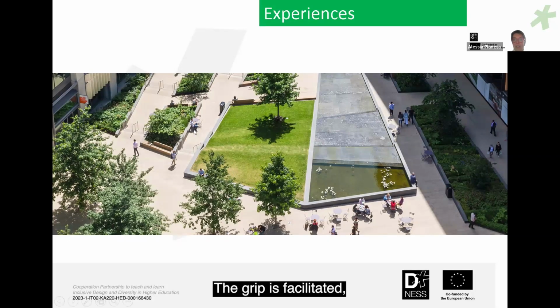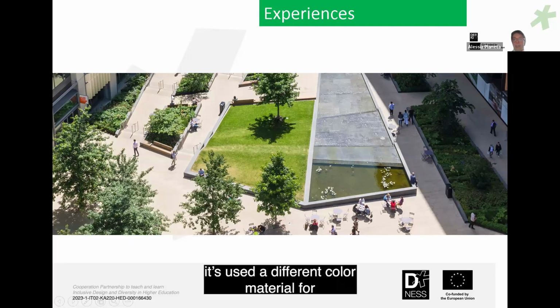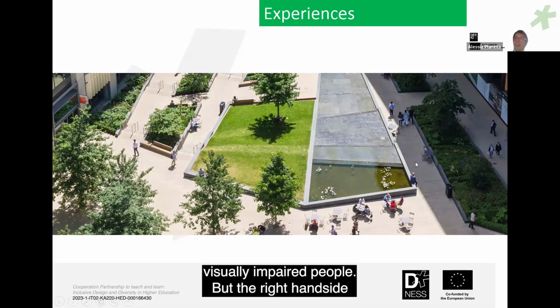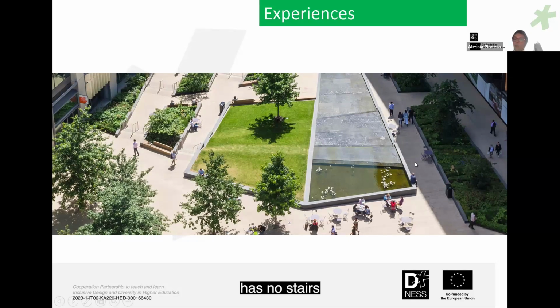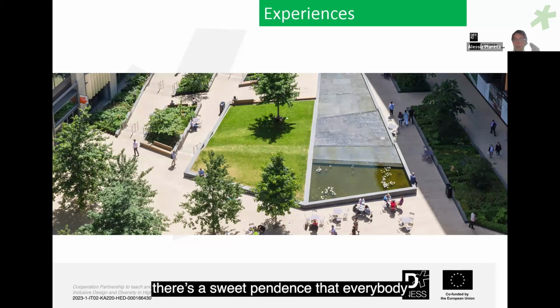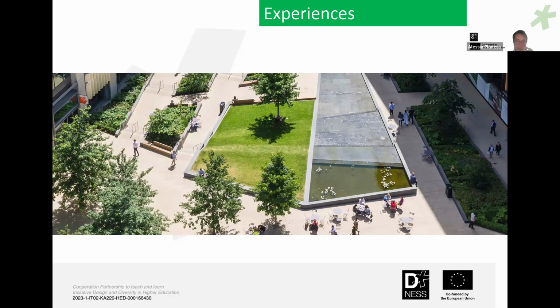The grip is facilitated, there is light in the handrails, and different color material is used for visually impaired people. But the right-hand side has no stairs, it is a gentle slope that everybody with strollers or wheelchairs can easily walk.